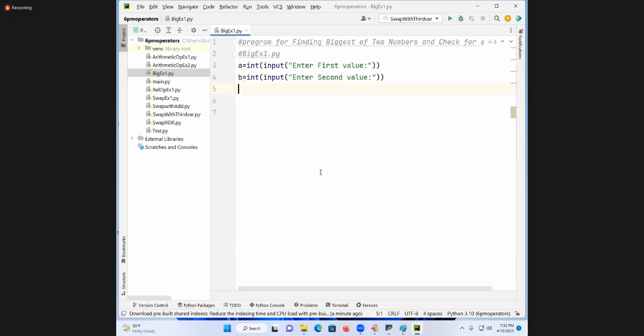Shall we go for it now? Find the logic for finding the biggest. Tell me, using which operator? Ternary operator. Can you attempt to try it?